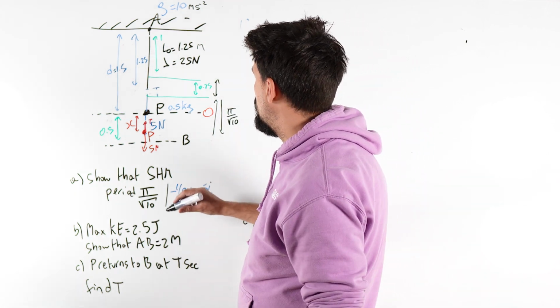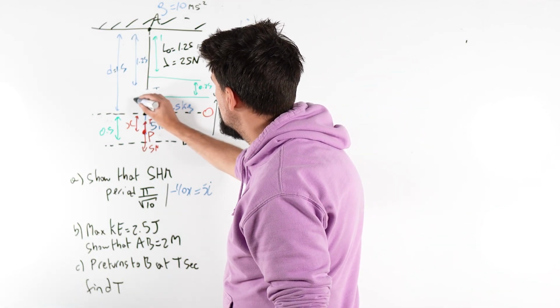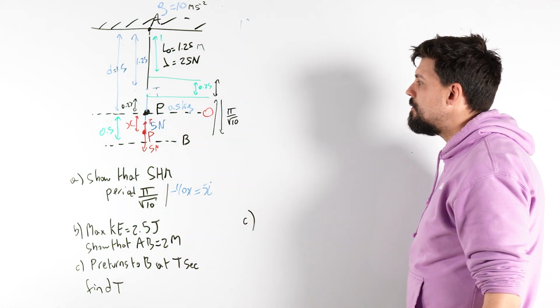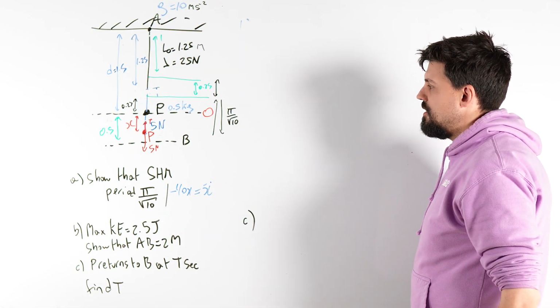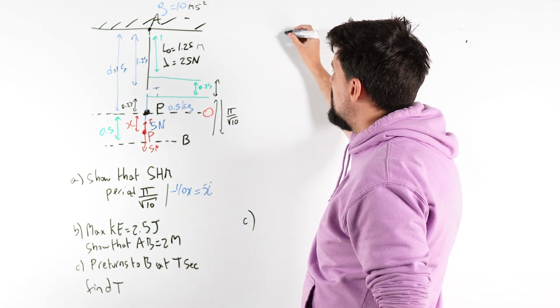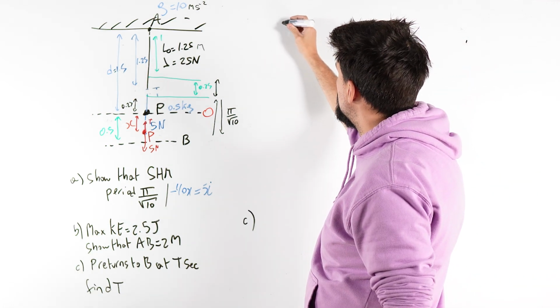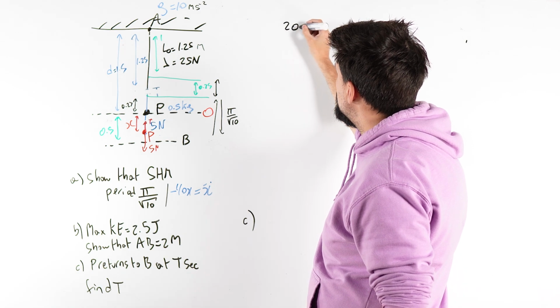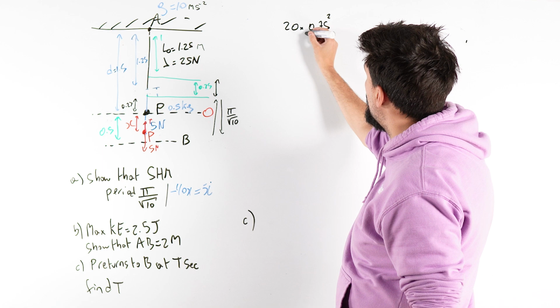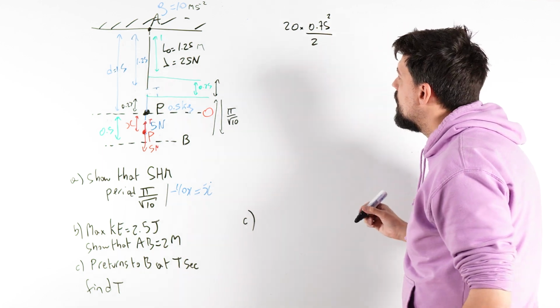So importantly for us, that's 0.25. Our velocity. Well, again, we have that stored kinetic energy, which is 20 times my extension, which in this case is 0.75 squared over 2.